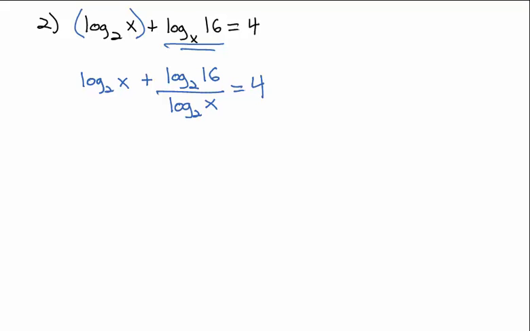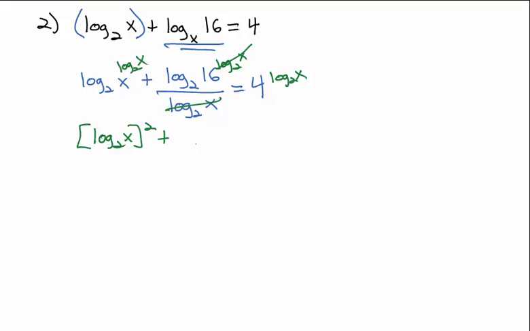Now here I don't like that fraction. So let's get rid of the fraction by multiplying each term by log base 2 of x. And when we do, the fraction divides out, and we have log base 2 of x times log base 2 of x. Well, that's log base 2 of x squared times itself.